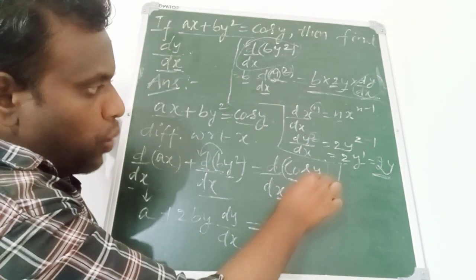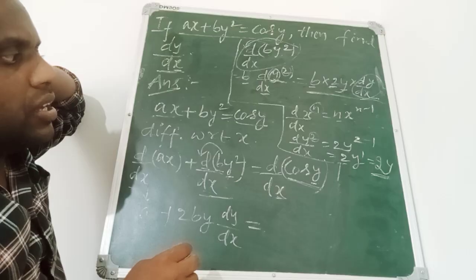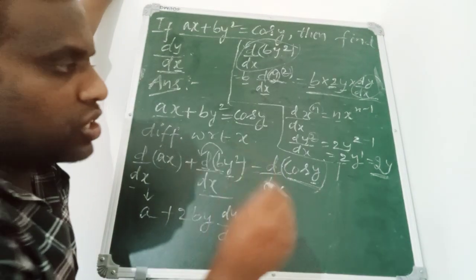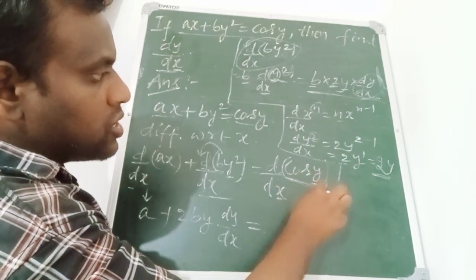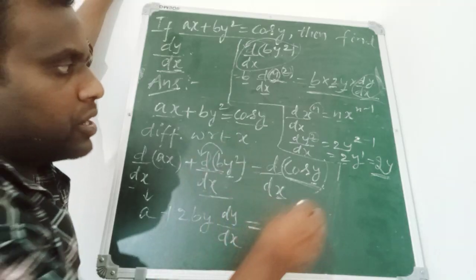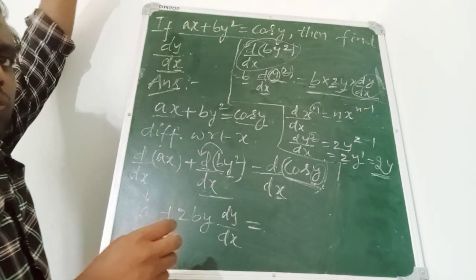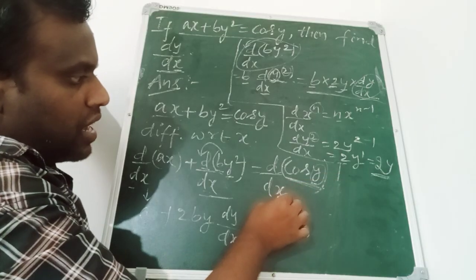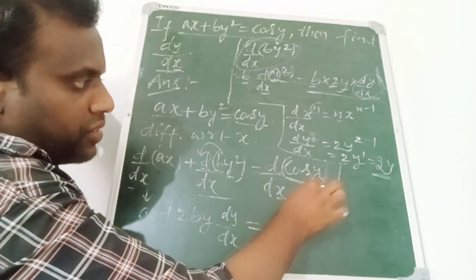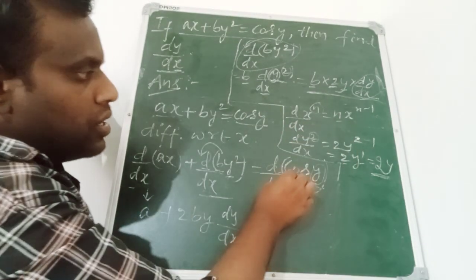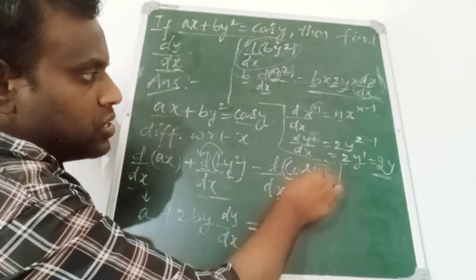Instead of x we have y. So because of that there are two functions. One is cos y, another function is just y. You got it? Because the same x is not here, that's why there are two functions. One is cos y, another one is y.